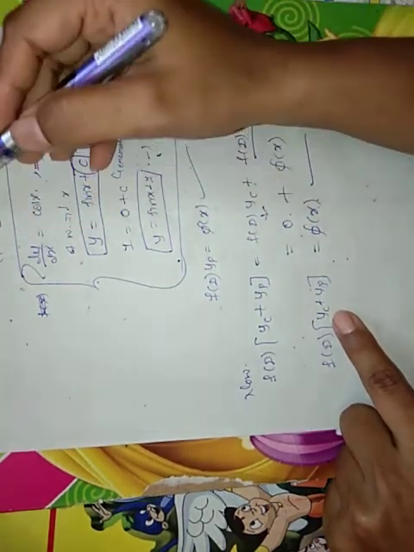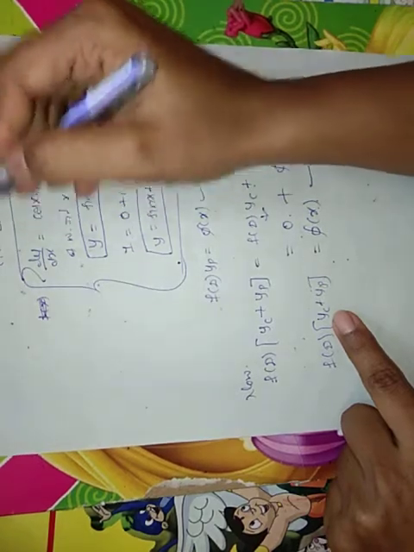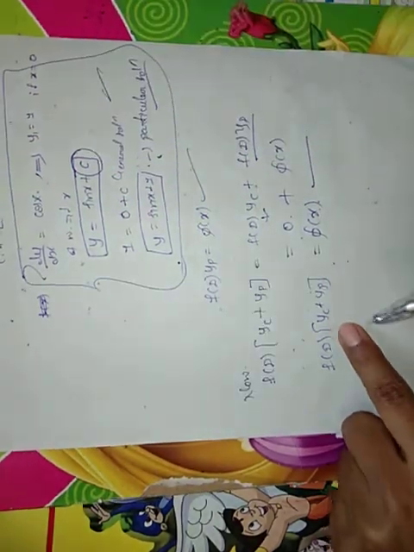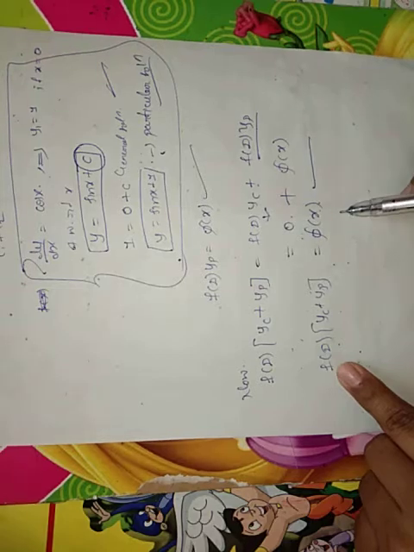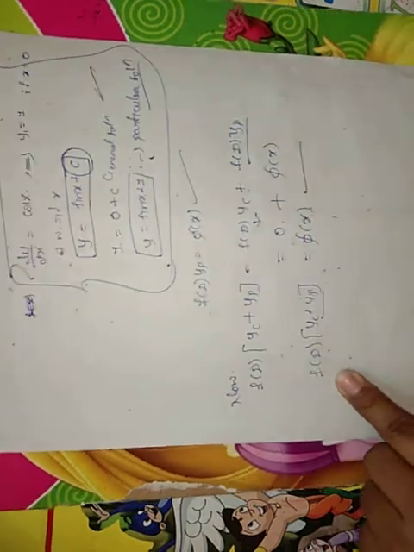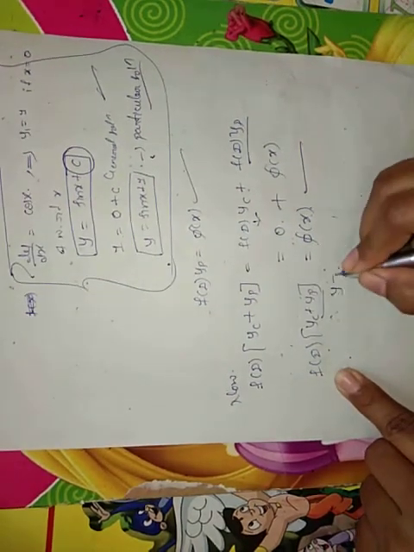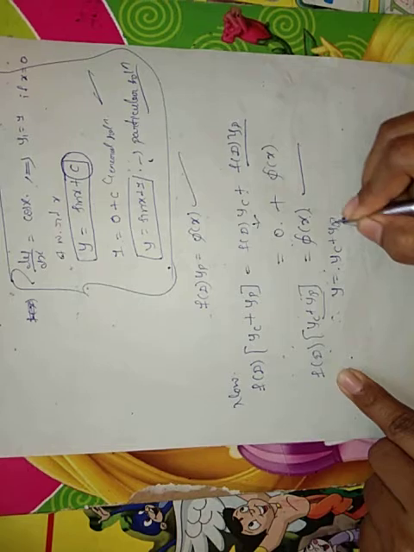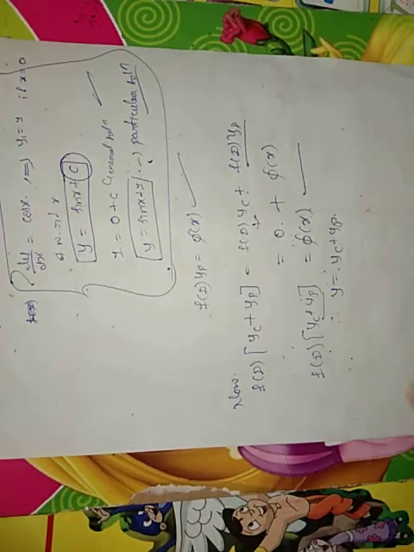If f of D of y equal to psi of x, then y is the solution of equation 1. If f of D of yc plus yp equal to psi of x, then yc plus yp is a solution of the given equation. Therefore, y equal to yc plus yp.